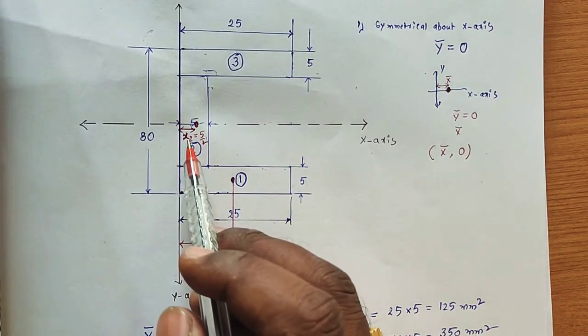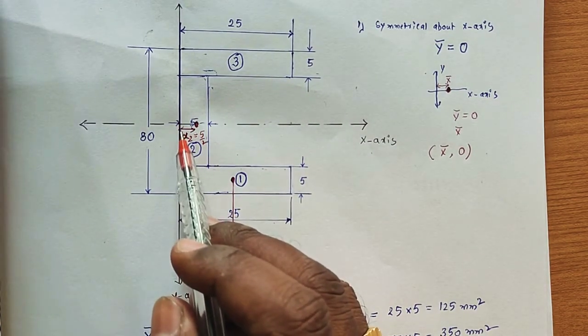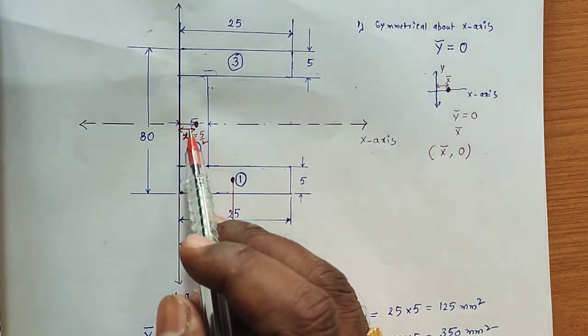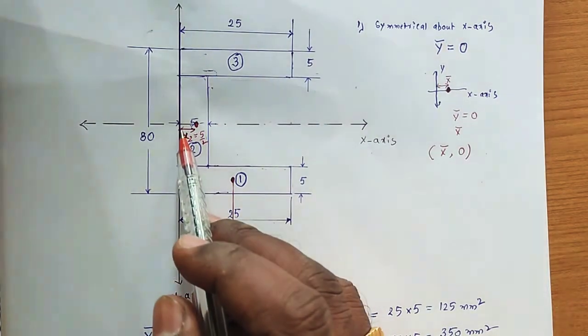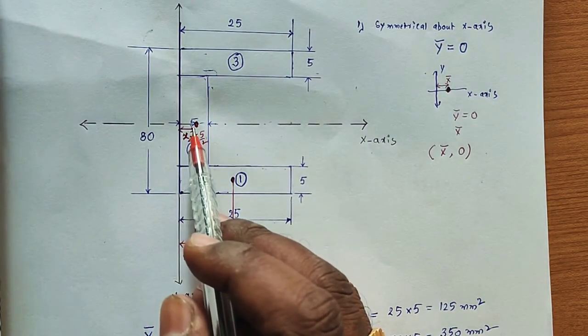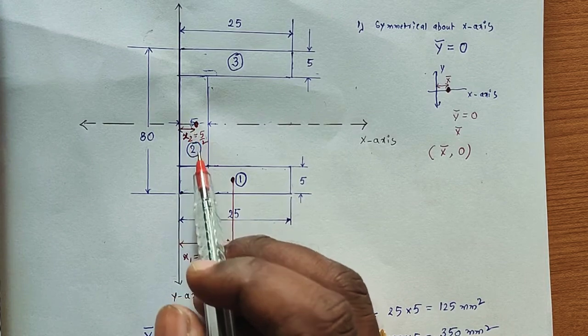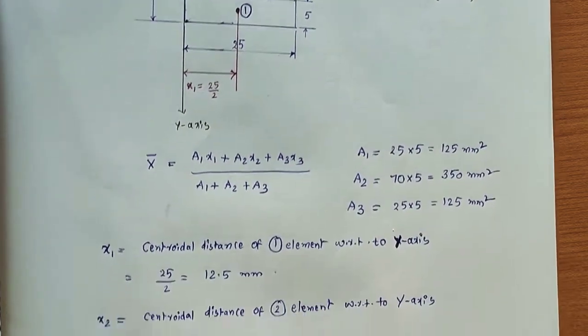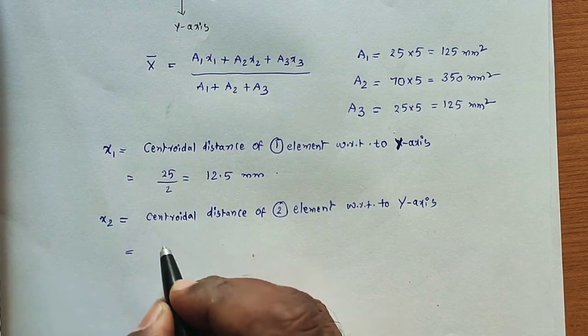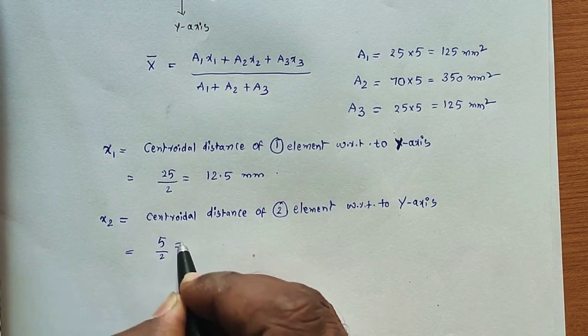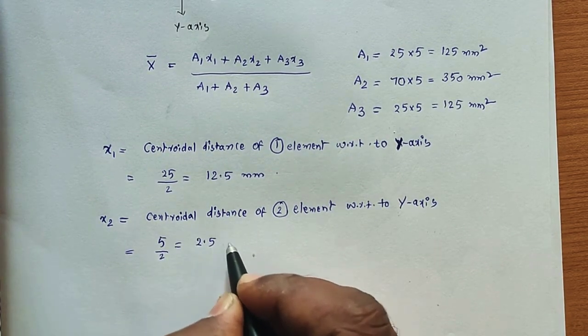So x2 is the distance measured with respect to the y-axis, from here to here. The total is 5 mm. So x2 is half of this distance, that is 5 by 2. So x2 equals 2.5 mm.